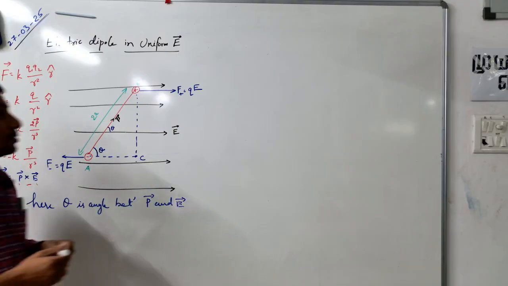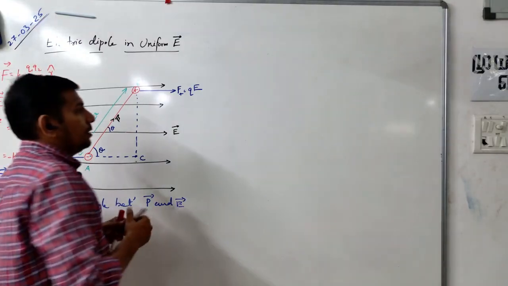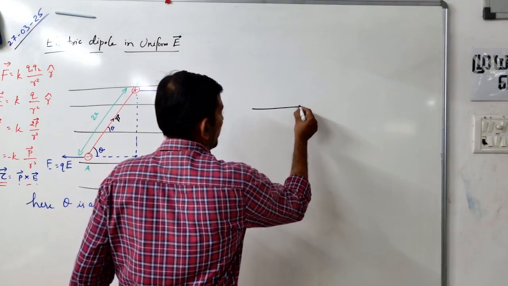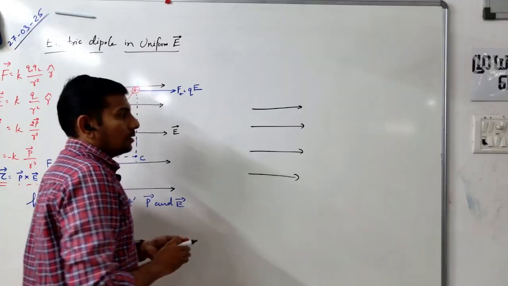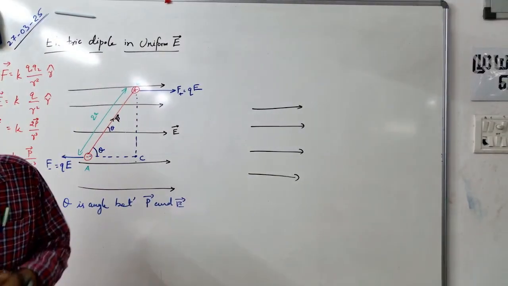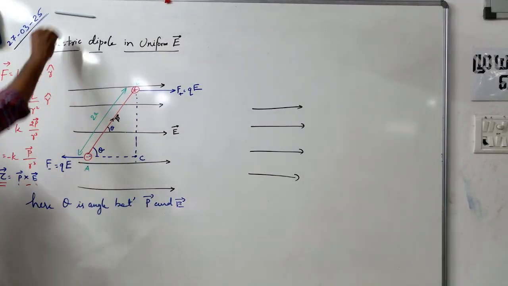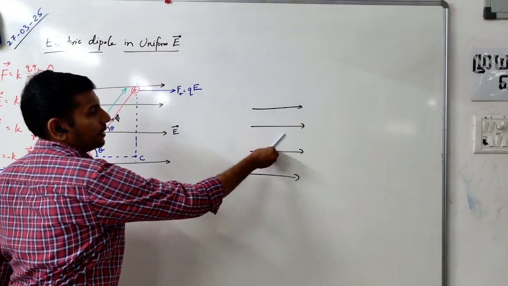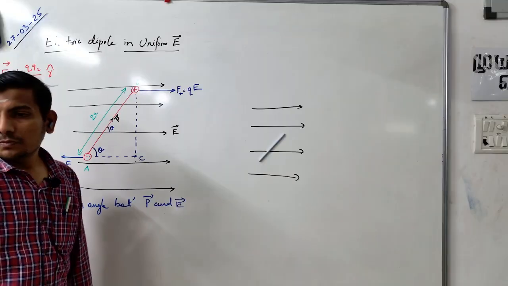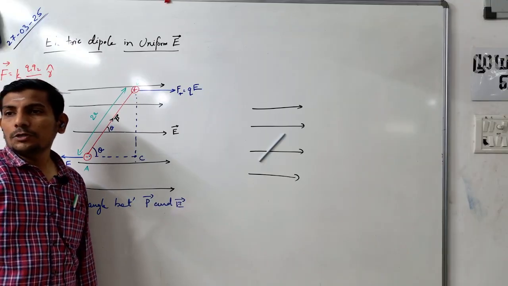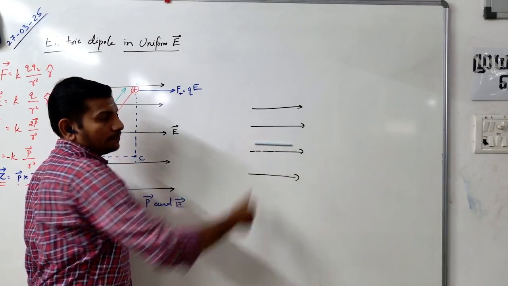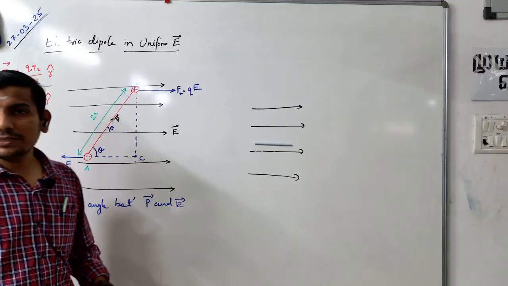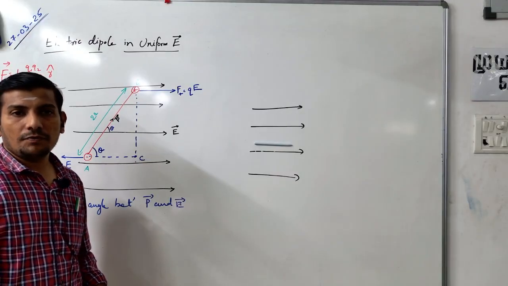Fine, sir. So here we have a uniform electric field. Inside the uniform electric field, the moment I keep an electric dipole here, this electric dipole is going to experience a torque, and it is going to rotate either clockwise or anti-clockwise, depending on the direction of the electric field.